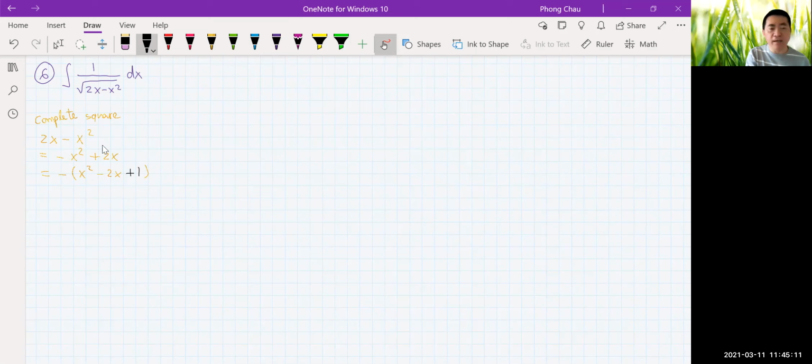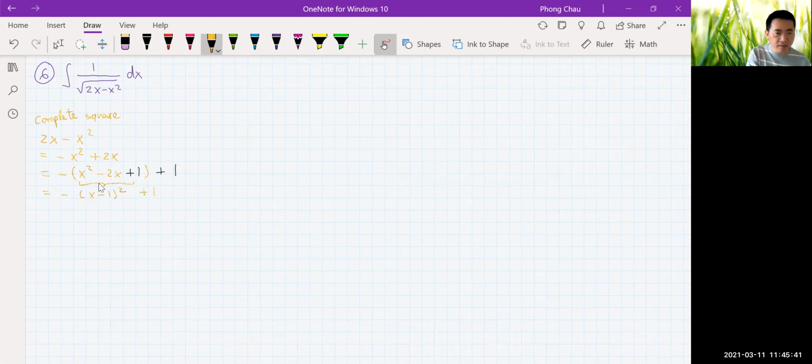So we end up with an extra -1, and to cancel that, we need a +1 outside. So that equals the perfect square trinomial x minus 1 quantity squared, and then there's a +1 outside.